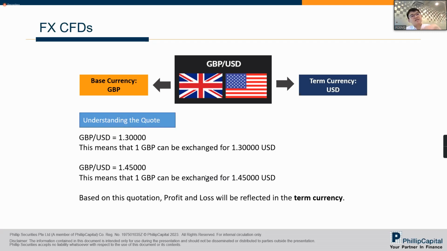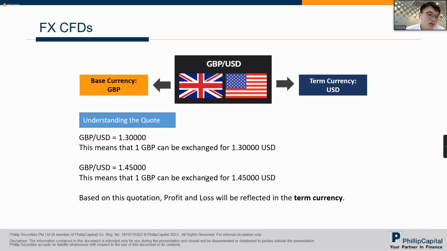So let's understand the quote. GBP USD equal to 1.3 means that 1 Great Britain pound can be exchanged for 1.3 US dollar. For example, if GBP USD equals 1.45, this means that 1 Great Britain pound can be exchanged for 1.45 US dollar.